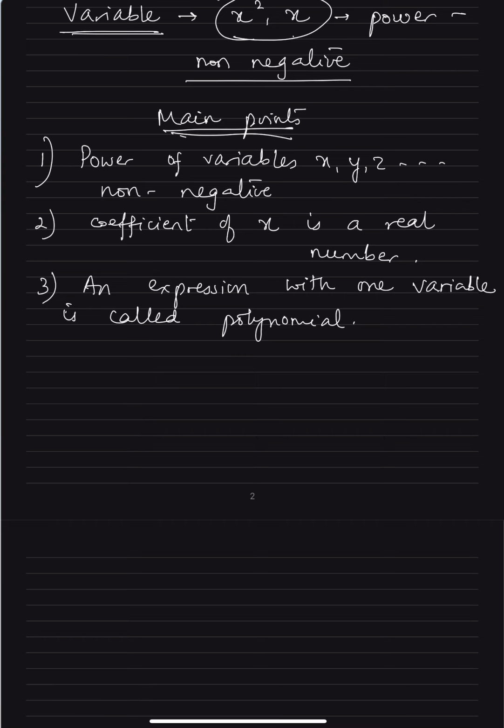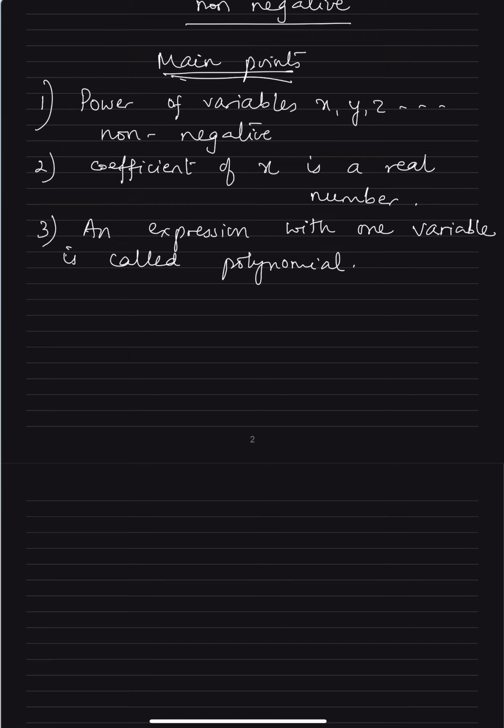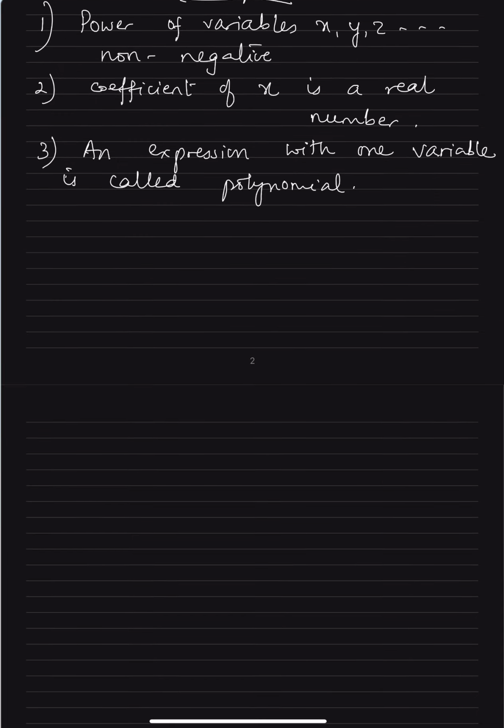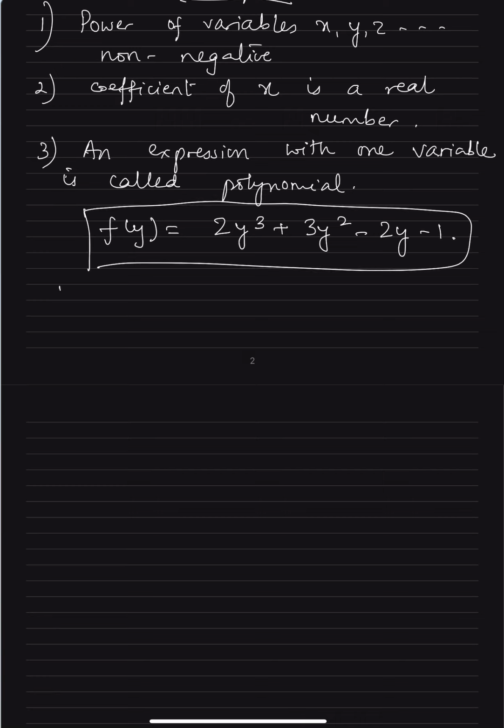That is the variable. We can write an expression with variable x, with y, with z, anything, and it's denoted by f of x, p of x, q of x, etc. Suppose I give you f of y is equal to 2y cube plus 3y square minus 2y minus 1, I can say that it is a polynomial with the variable y.